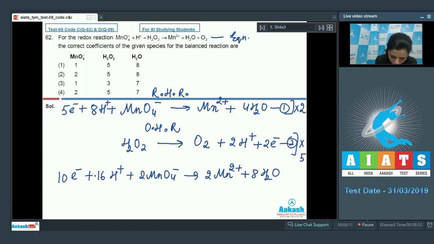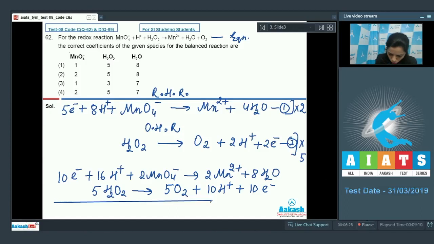Now if I talk about the second oxidation half reaction, it becomes 5H2O2 is giving you 5O2 plus 10 H plus ion plus 10 electron. It means we have both the half reaction and now 10 electrons can cut in this way. Now 16 H plus ion here, 10 H plus ion here. It means we are left with 6 H plus ion. Now water molecule 8 H2O at this side.